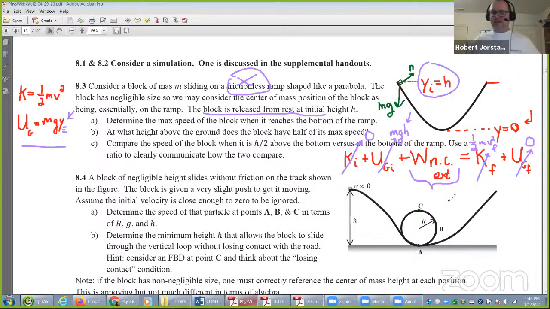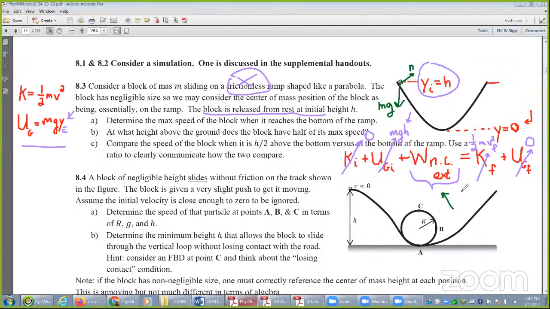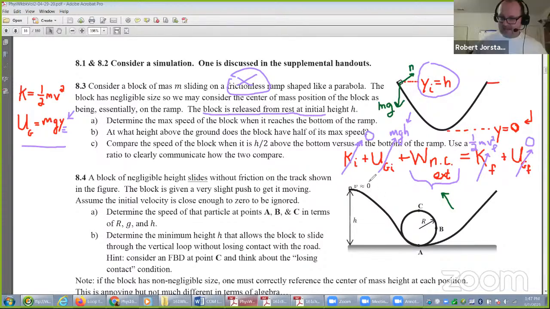Now, wait a minute. Don't we need to calculate the work done by gravity? Is gravity doing work? Gravity is doing work, but we've already accounted for it. Do you see that subtle distinction? Gravity does work. However, if we include it in the potential energy, we've already accounted for the work done by gravity. So I don't need to do the work done by gravity.